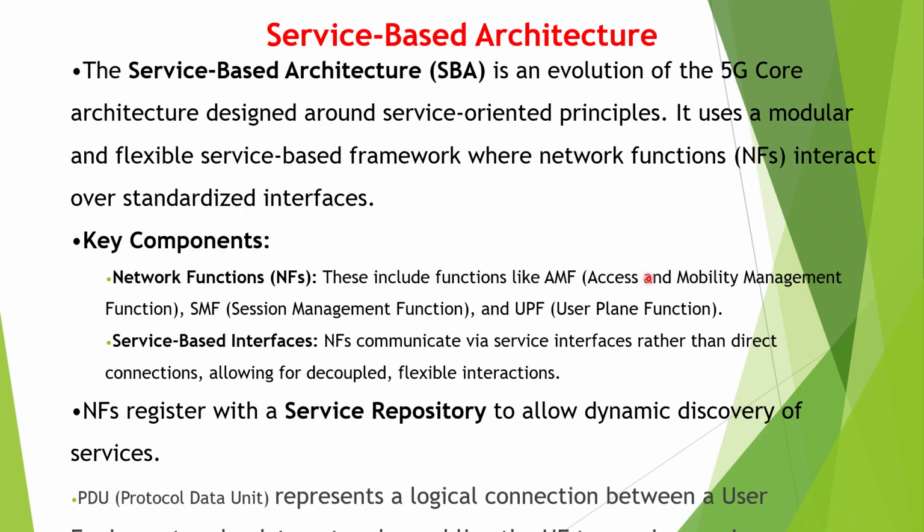First, let me describe the access and mobility management function. As a mobile network comprises many AMF instances, a globally unique AMF identifier is allotted to each AMF. The AMF performs the role of access point to the 5G core. The AMF implements NAS ciphering and integrity protection algorithms.